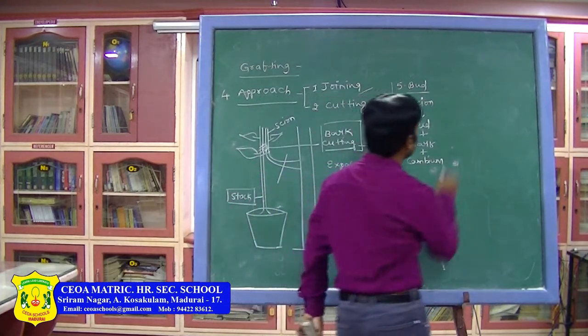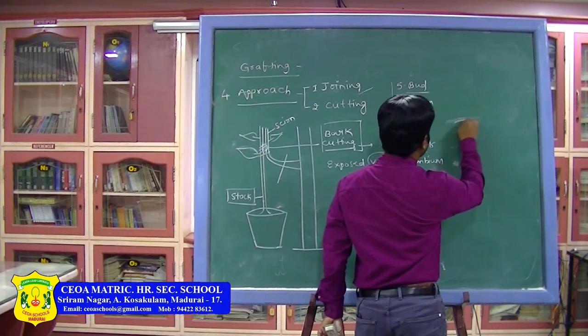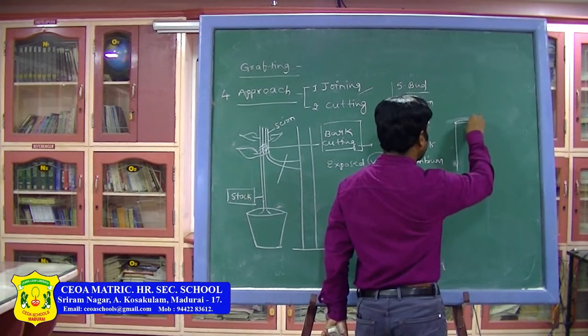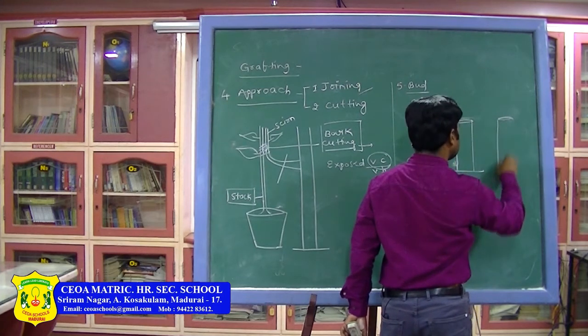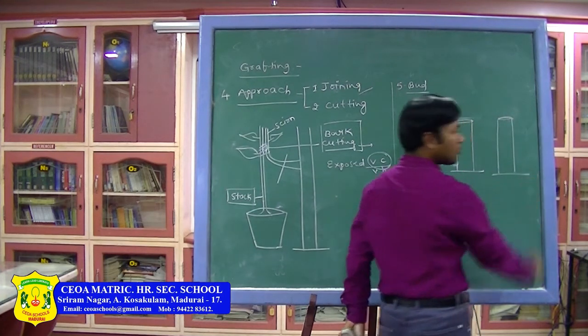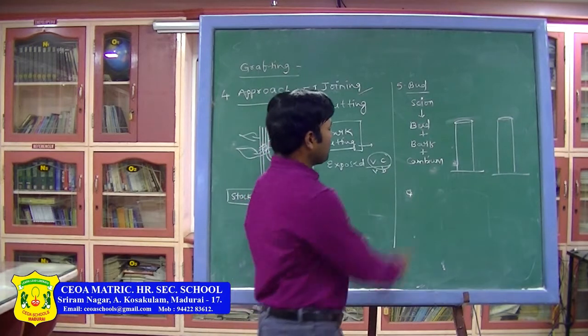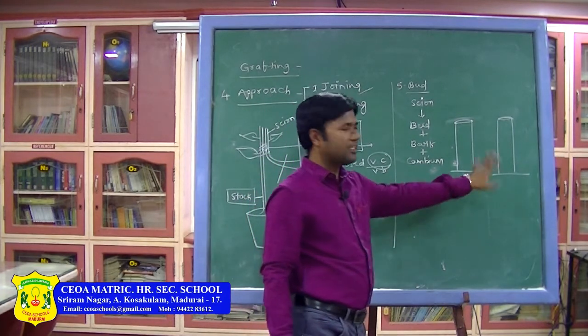For example, here two plants are there. This is one plant stem, it is another plant stem. Let us assume this is a scion, and this is a stalk.